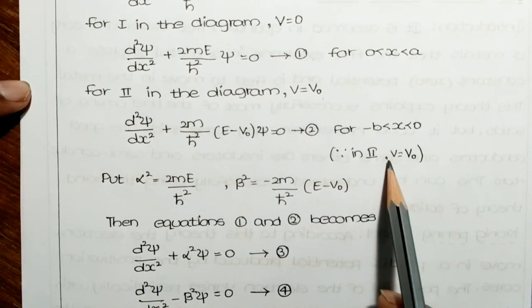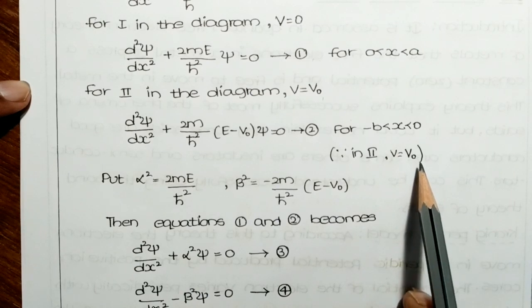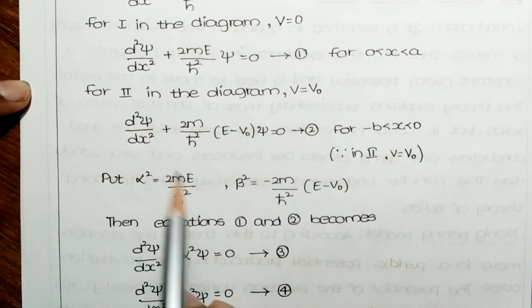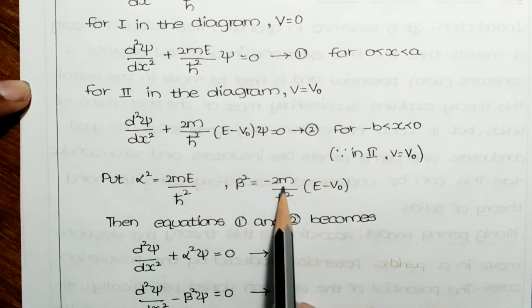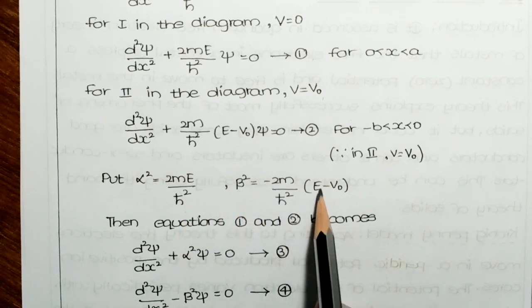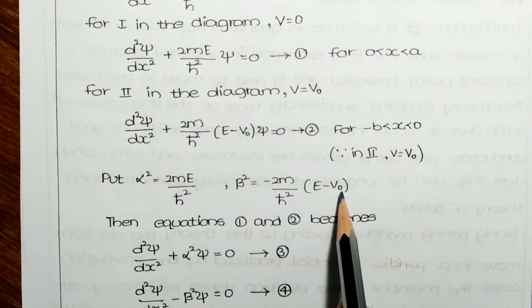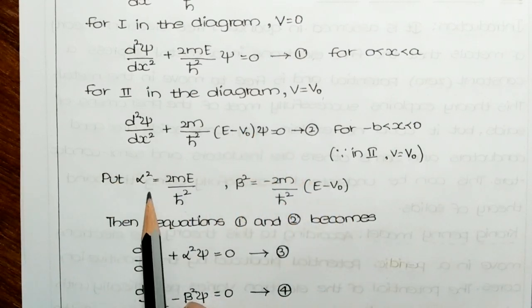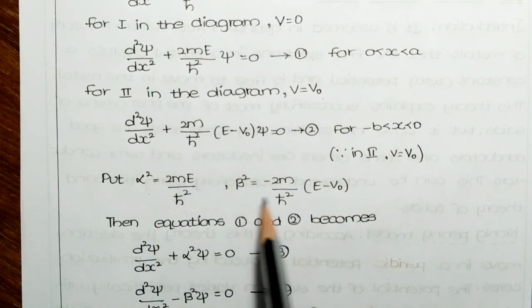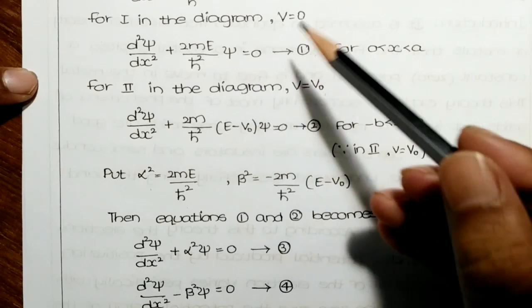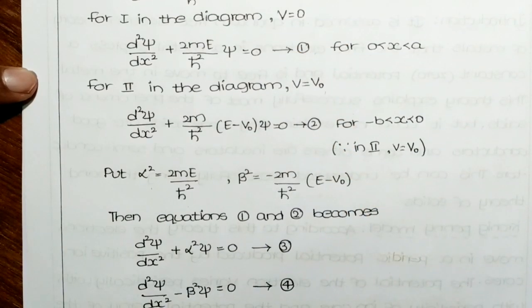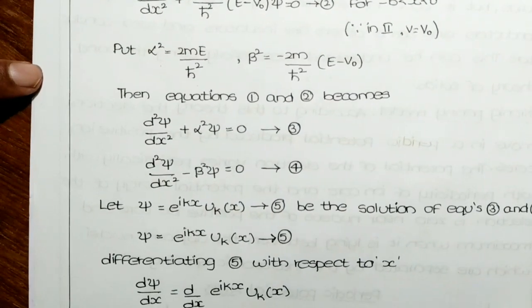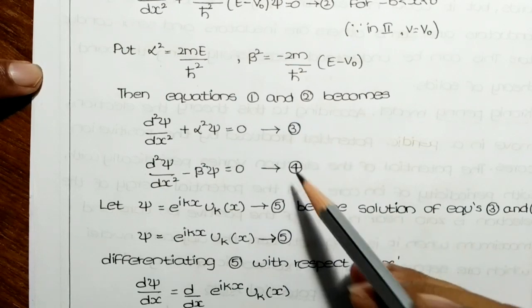Since V is equal to V naught, put alpha squared equal to 2mE by h cross squared and beta squared equal to minus 2m by h cross squared into (E minus V naught). Substitute alpha squared in the first situation and beta squared in the second situation. Then equations 1 and 2 become equations 3 and 4.